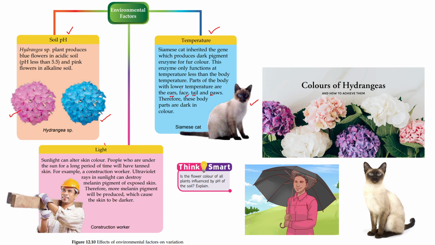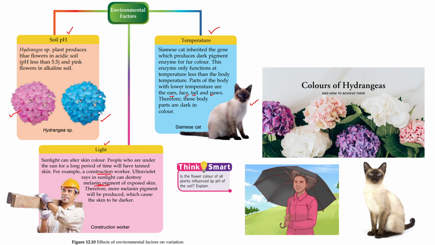Next one is light, cahaya matahari. So sunlight can alter skin color, where people who are always exposed under the sun, who work under the sun for a long period of time, will have tan skin. For example, a construction worker. This is because ultraviolet rays in the sunlight can destroy melanin pigments.